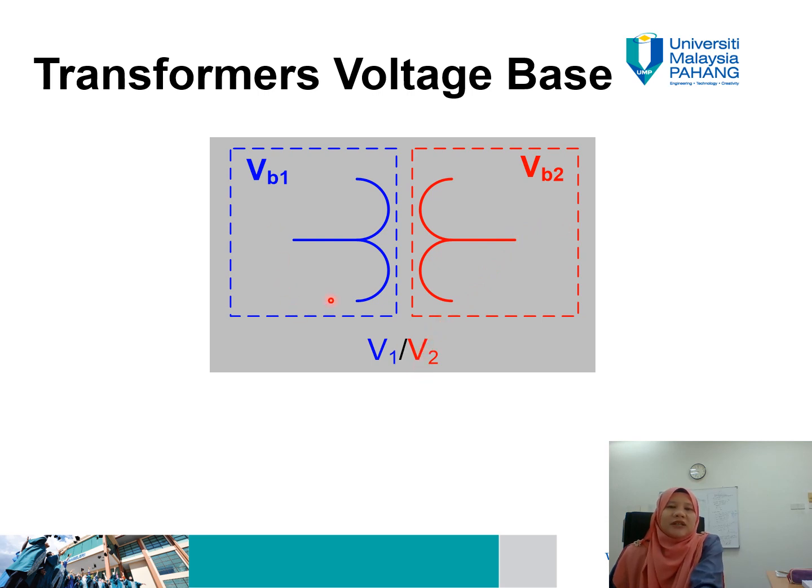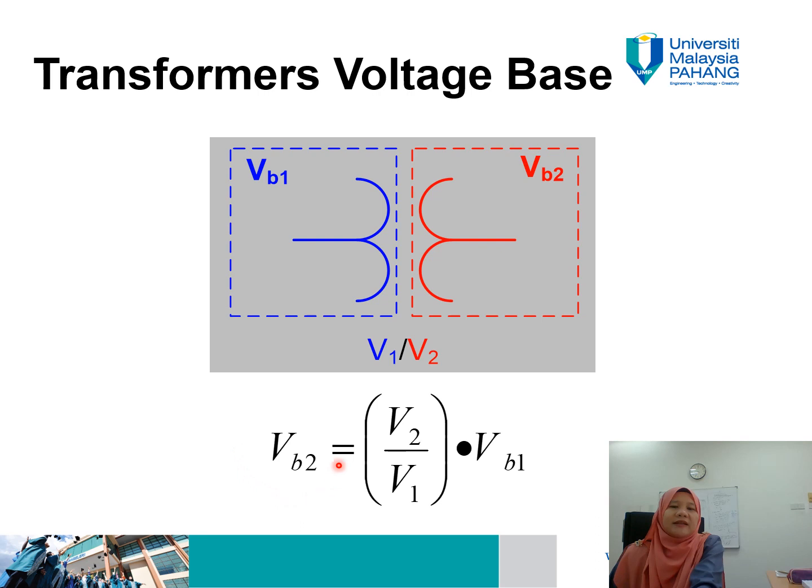So the base voltage at the primary side is V base 1 and the base voltage at the secondary side is V base 2. The base voltage at the secondary side is equal to the voltage at secondary divided by the voltage at primary multiplied by the base voltage at the primary side.